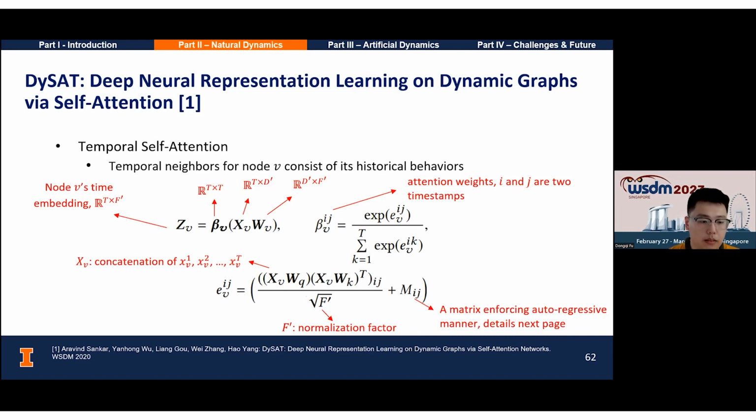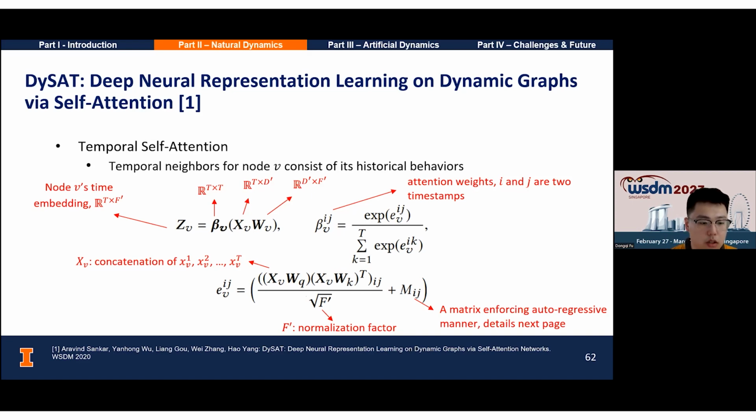To obtain the attention weight of v from time step i to time step j as e_v^ij, we also add a matrix M_ij to enforce the auto-regressive manner, which means the current time step can only attend to its previous behavior. This M_ij formulation will be introduced on the next page.